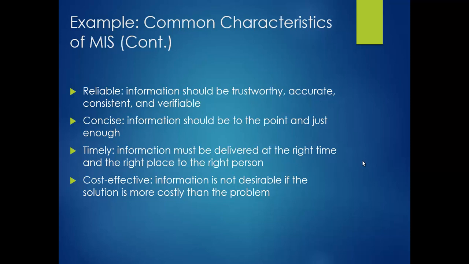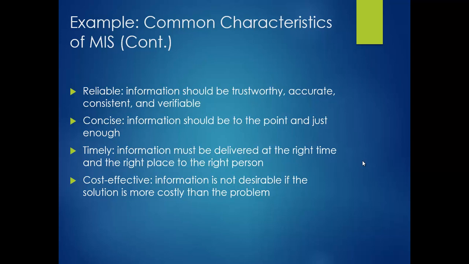If you saturate the system with lots of information that might not be related, then the analysis will take more time. At the end, I have to filter that information, so that will take me more time just to understand and to get the information that I need. So it's better to be concise, where it's just related or enough for the decision maker to make that decision.